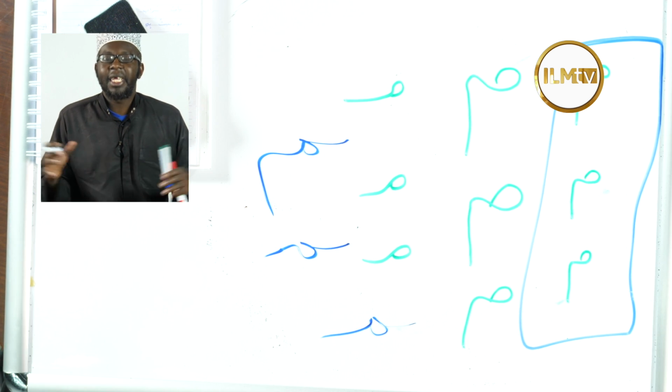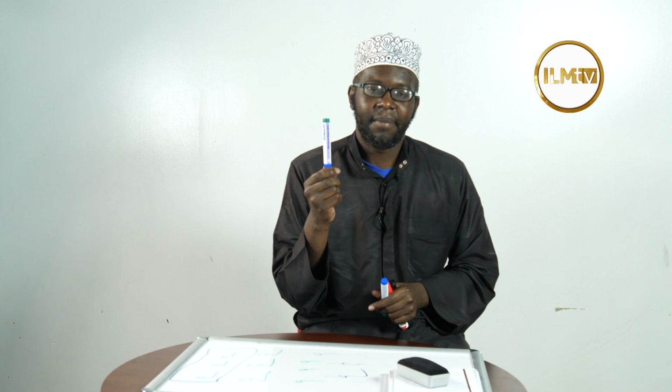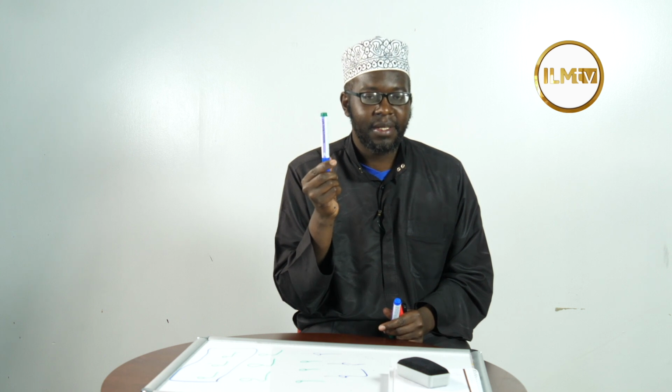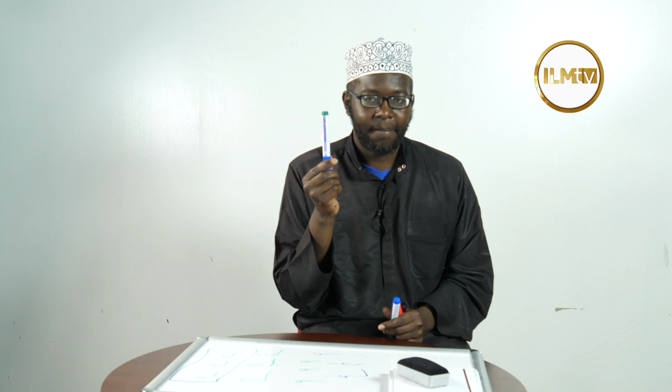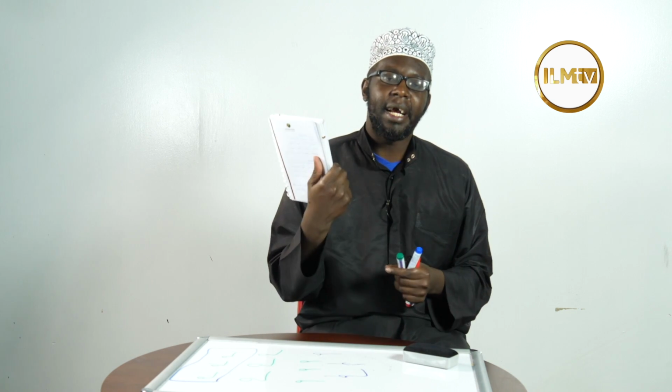Then you start making new words with kaf and mim. This is qalam. When I say qalamu hu, that means his pen. Kitab, book.